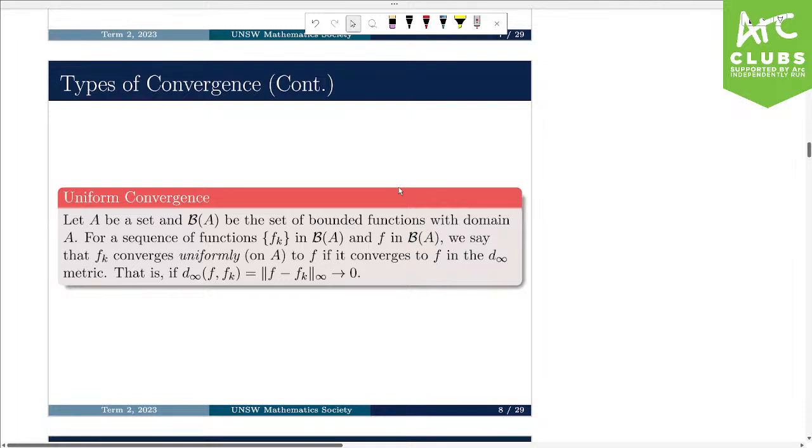And now this second type of convergence is uniform convergence. So uniform convergence, I think this only applies to real valued functions.